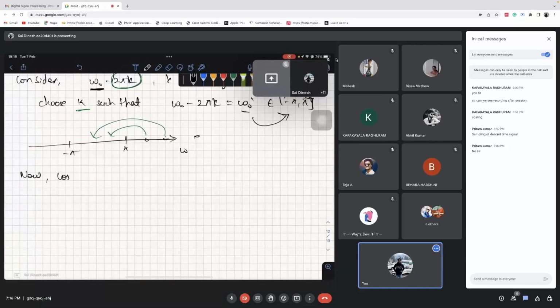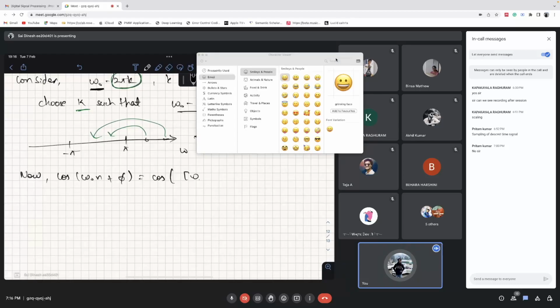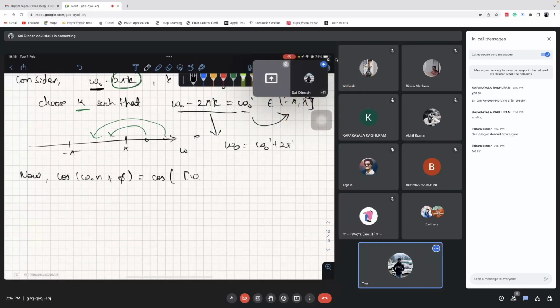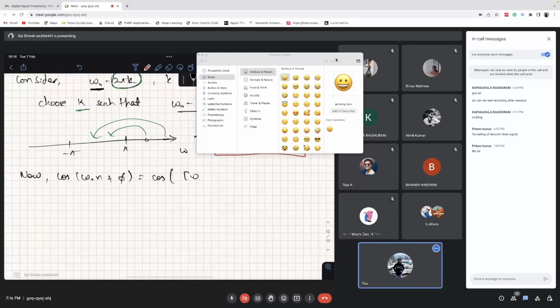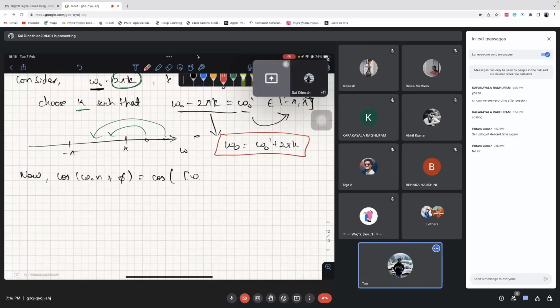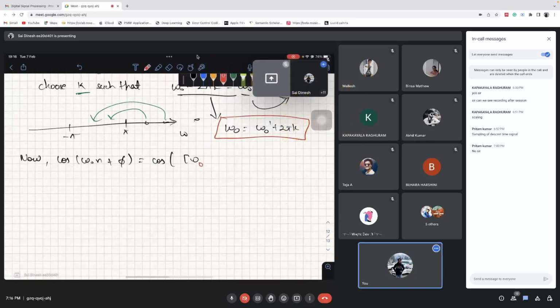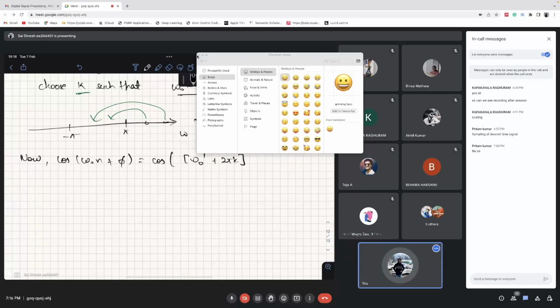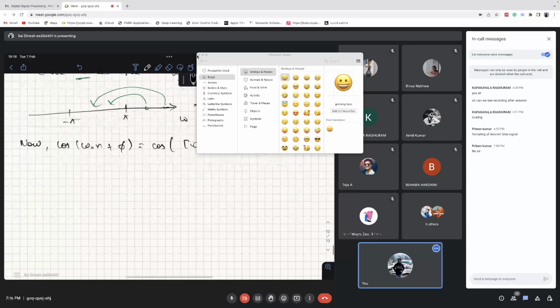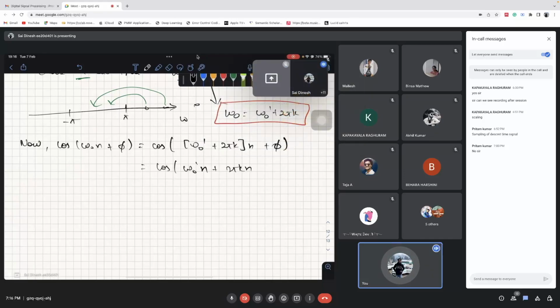Now cos of omega naught n plus phi equal to cos of, so if this is the case, then what is omega naught dash? It is omega naught dash plus 2 pi k, is it? So omega naught dash plus 2 pi k into n plus phi is equal to cos of omega naught dash n plus 2 pi k n plus phi.